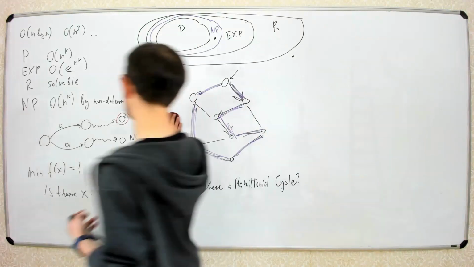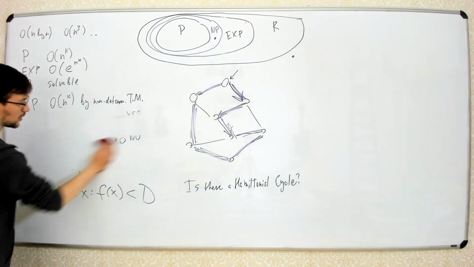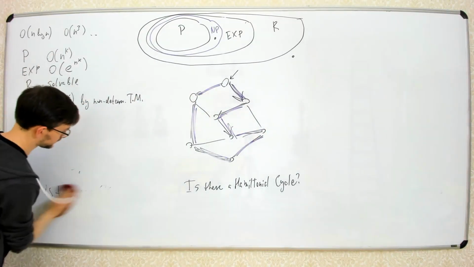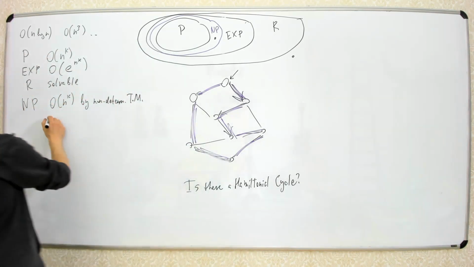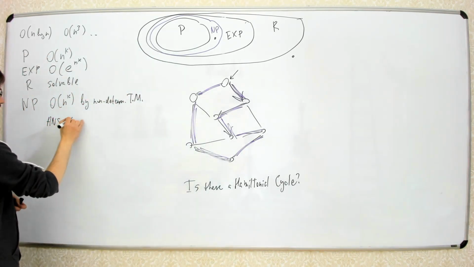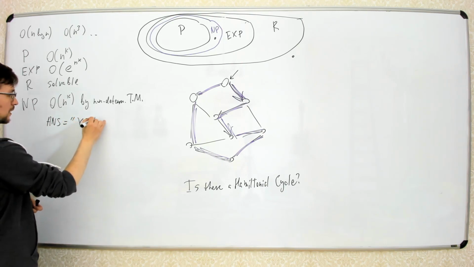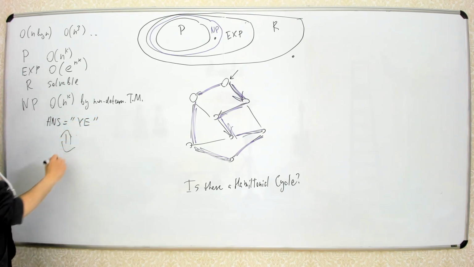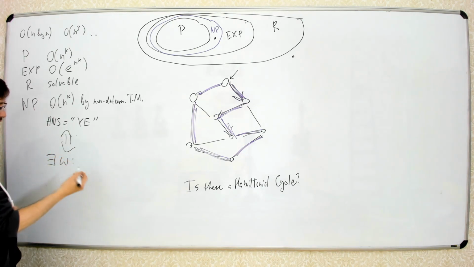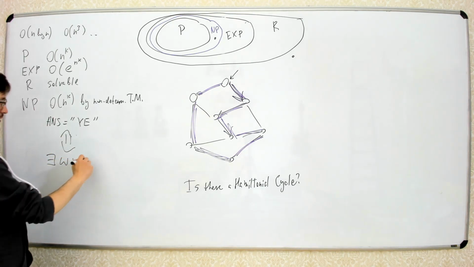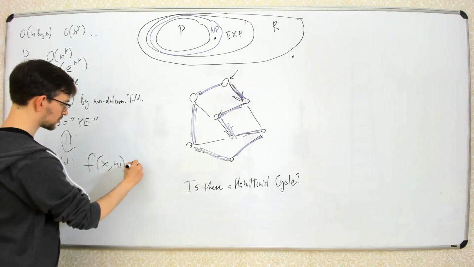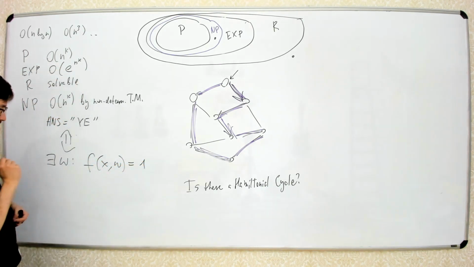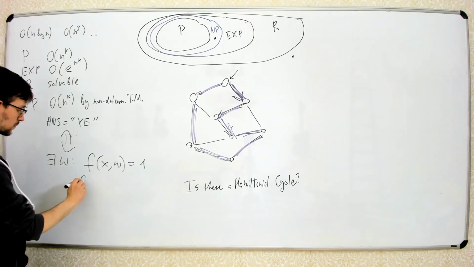So an NP problem is a problem where the answer is yes if and only if there is some certificate such that, when you give this certificate to the problem, it returns yes in polynomial time.